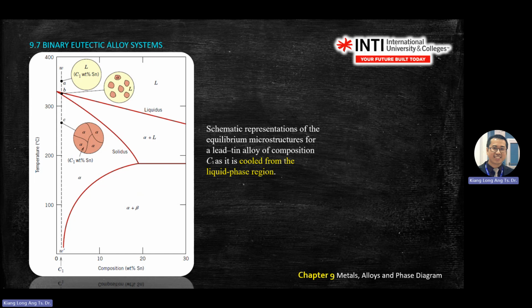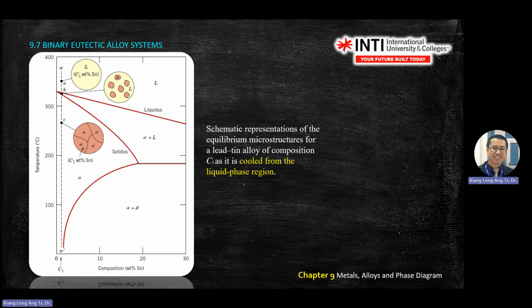Then you drop to B. B has already passed liquid and gone into alpha. You see this dot? This region is alpha, so your point is alpha, not beta. It's important you label the correct name. Beta is the other side. This is alpha.